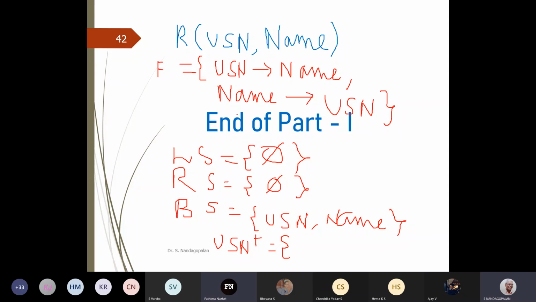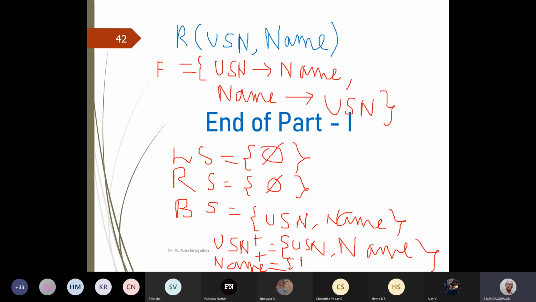Start with USN. The first FD, USN determines name, so I can include name. So USN is a candidate key. Next you take name, because I need one more attribute left out from both the sides.